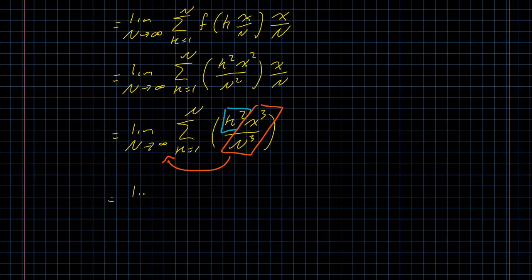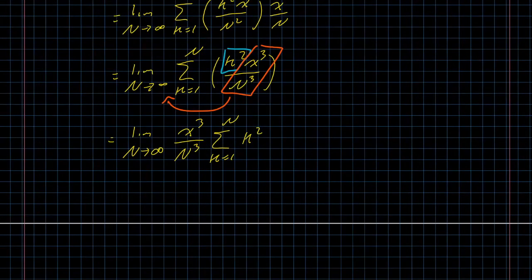So I have the limit as big N goes to infinity of x cubed over n cubed times the sum, k goes from 1 to n of k squared. I know how to deal with that.